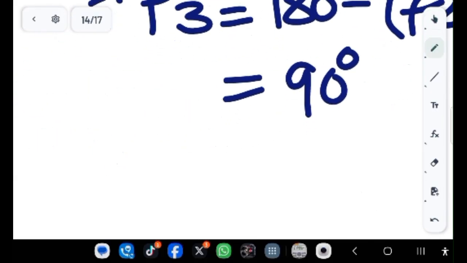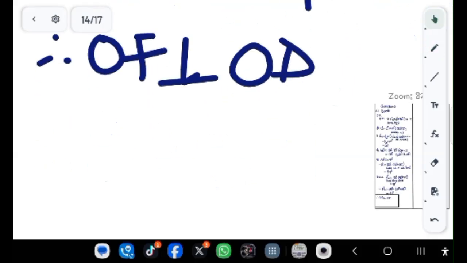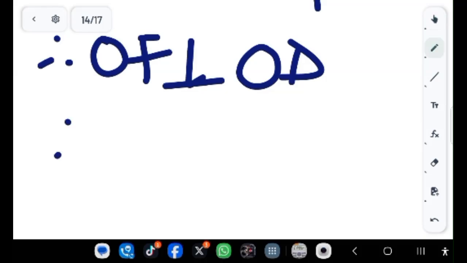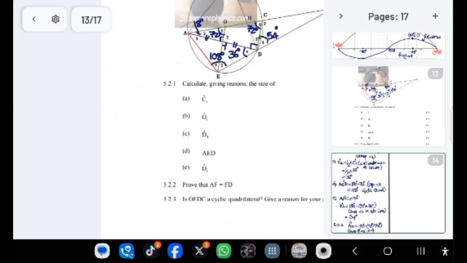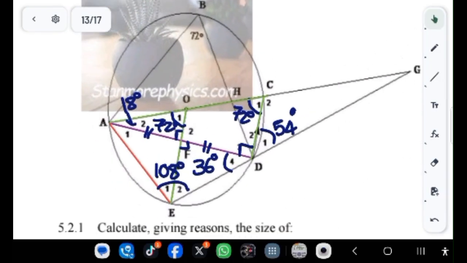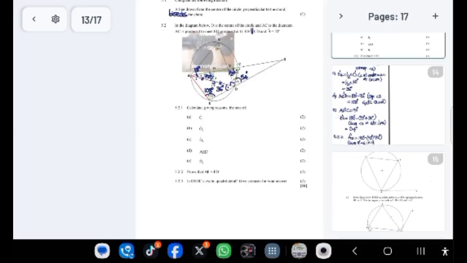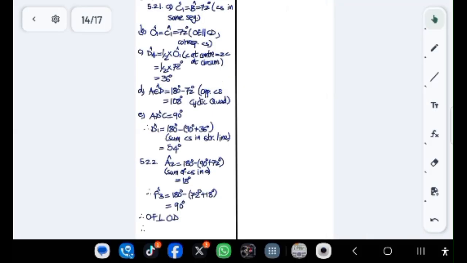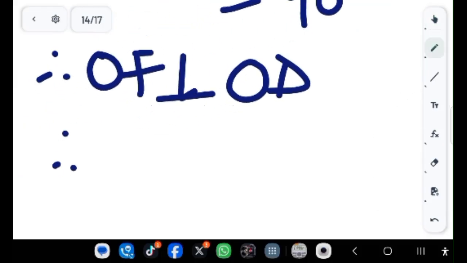Therefore, OF is perpendicular to OD. Therefore, AF is equal to FD.